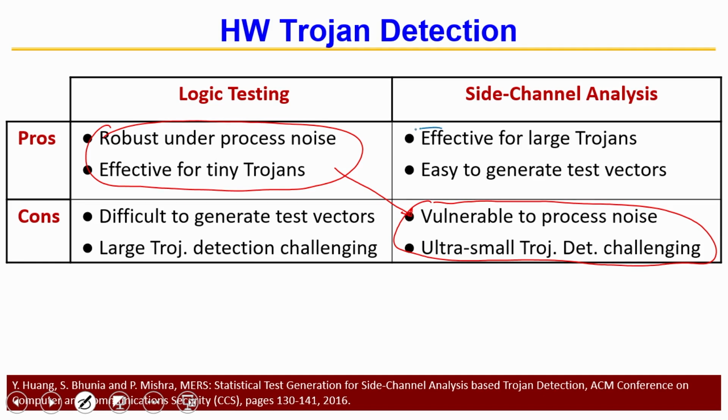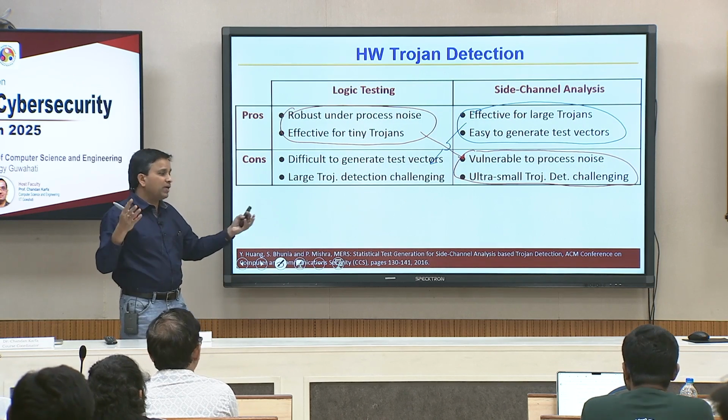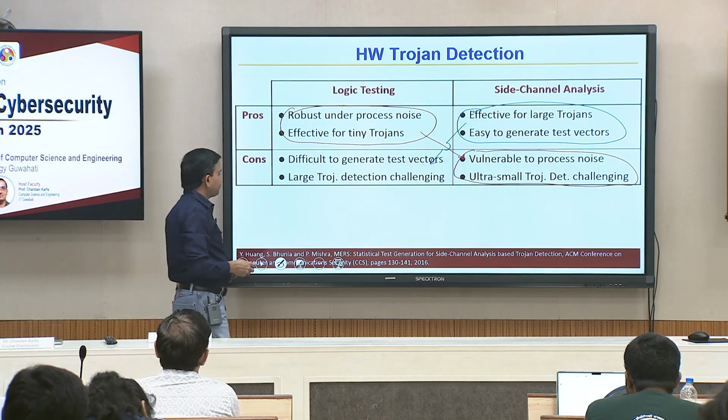Whatever is positive of side channel happens to be the negative. This simple observation led to the work that I am going to talk about, that you can combine them effectively to take advantage of both, and this is a common research theme. You understand two good ideas and you can put them together.